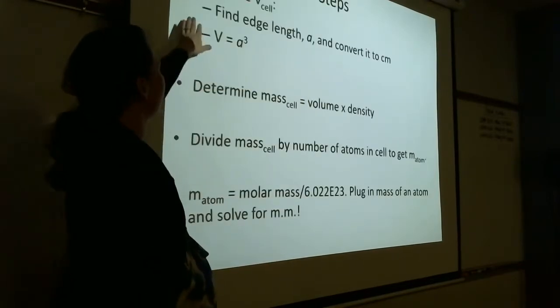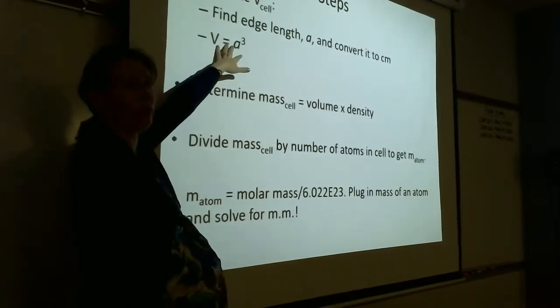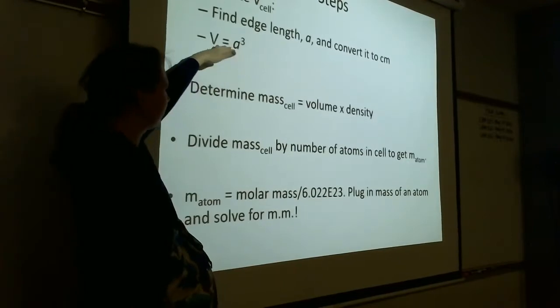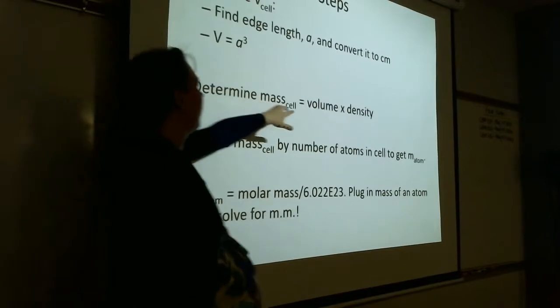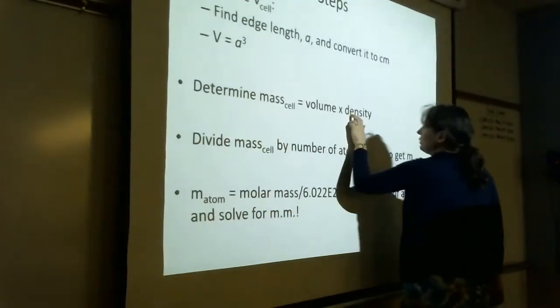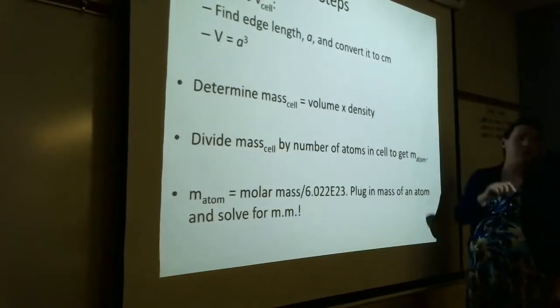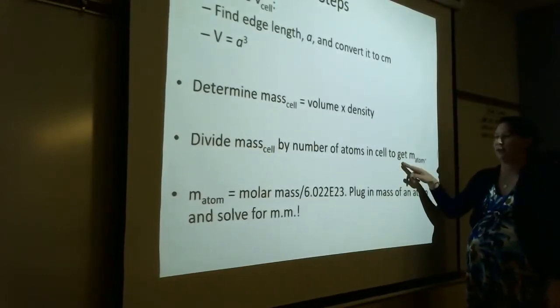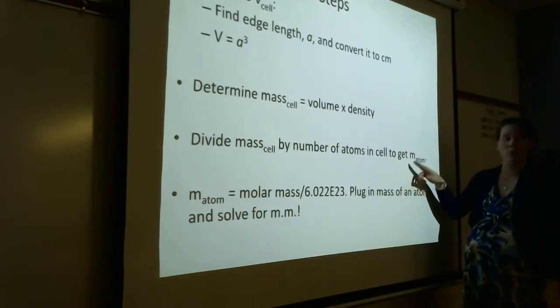So you're going to find volume of the cell, which you still know how to do, right? That's still edge length cubed. And then you're going to get mass of the cell, right? That's volume times density, because I'd have to give you density in order to do this. Now, in the previous problem, we multiplied by the number of atoms in the cell. This time, we're going to divide. Why?